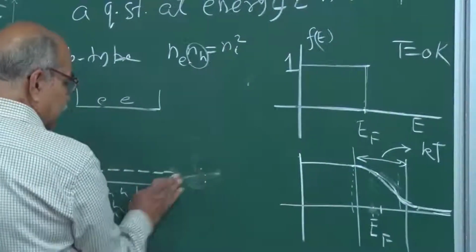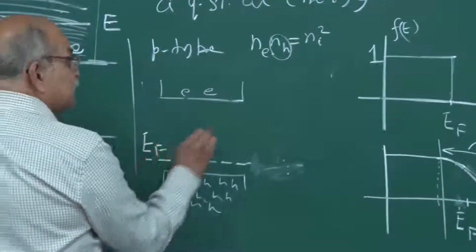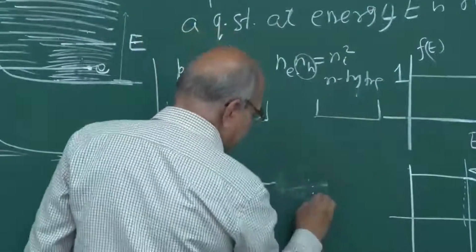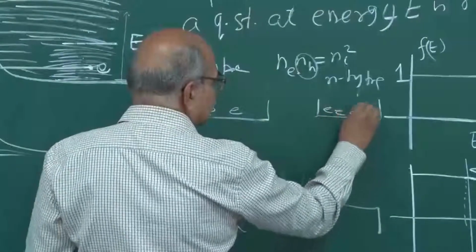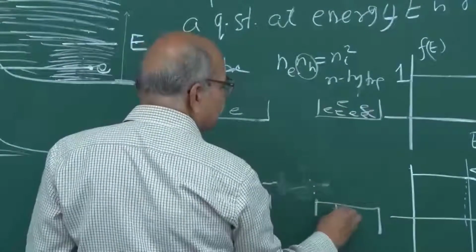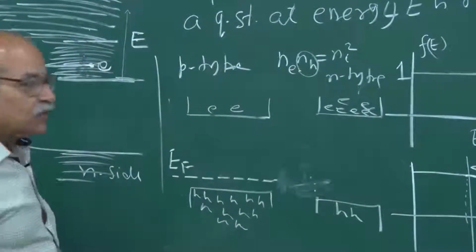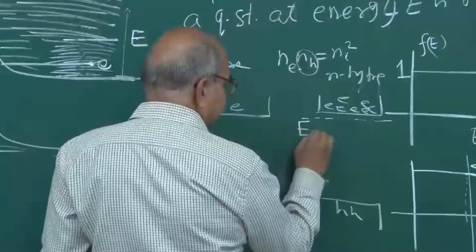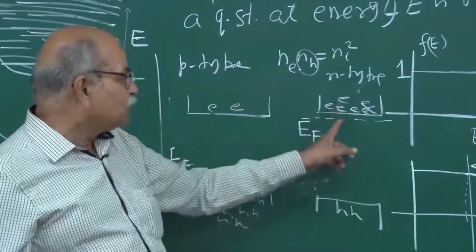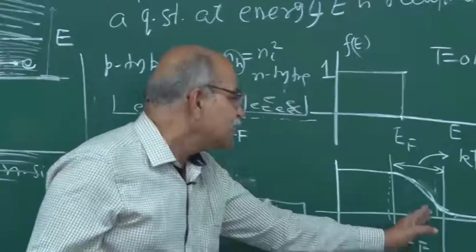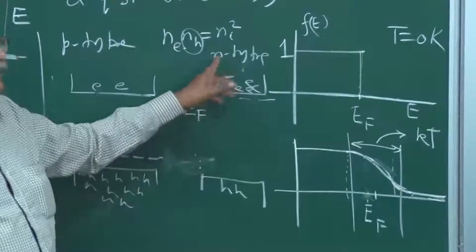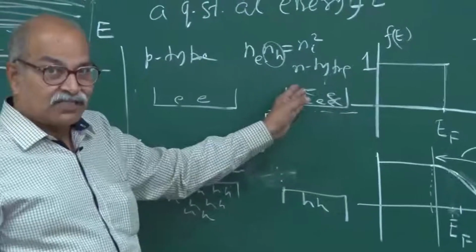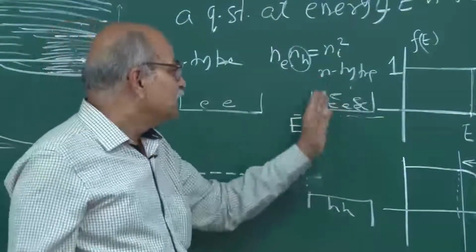Whereas if you have an n-type semiconductor, what happens? In an n-type semiconductor, you have a large number of conduction electrons and a very small number of holes. So here the Fermi energy is close to this EC. So you are close to the Fermi energy, slightly above it, so the probability of occupation of these quantum states by electrons is quite sizable, and you have many electrons here.